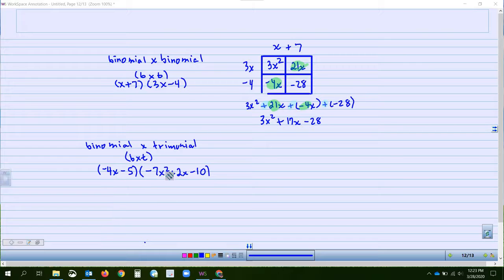Now we have a binomial times a trinomial. It's going to be 2 times 3. So we're not looking for 4, we're looking for 6. So I'm going to make a longer rectangle this time.